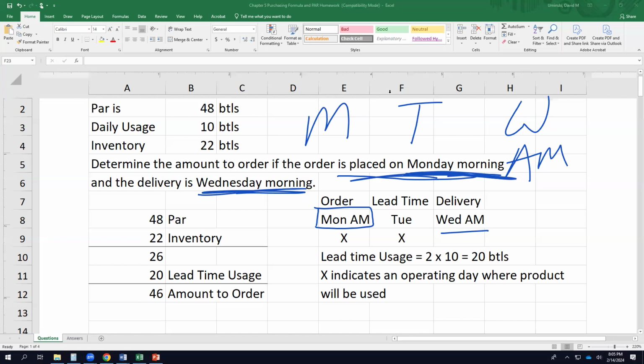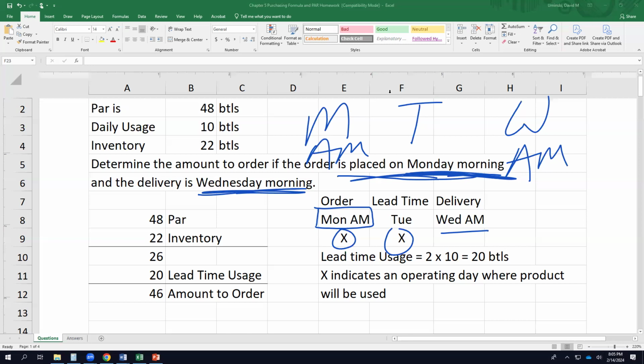Monday morning means I still have to operate on Monday, so I'm going to use product on Monday, and on Tuesday, of course. But on Wednesday, before it gets there, I'm not going to use that product because it's already arriving.